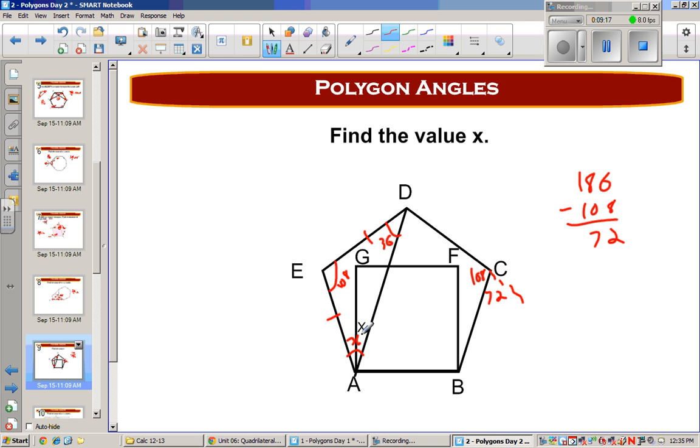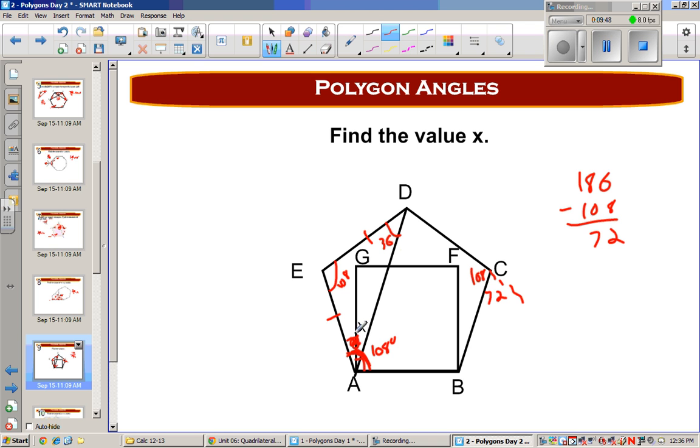Now, there's many different ways we can go about this. And one of them is to not even have that in here at all. But we could have just, knowing that this whole angle is 108, and since this is a regular quadrilateral, this is 90. So we could figure it out from there.